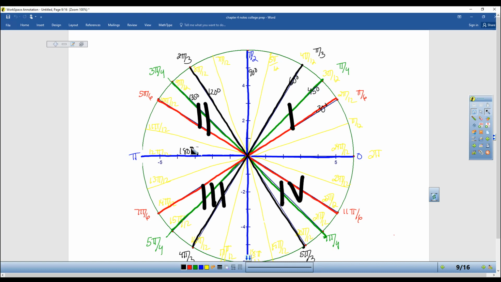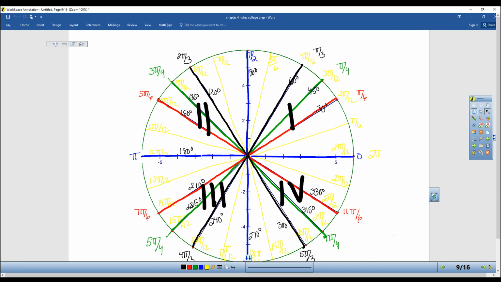Hold on, 180 degrees and 210 degrees and 225 degrees and, wow, look at me struggle. See, I don't like degrees. 240 degrees, 270 degrees, 300 degrees, 315 degrees, 330 degrees. All right, I gotta go back and do this one. Oh yeah, 150.